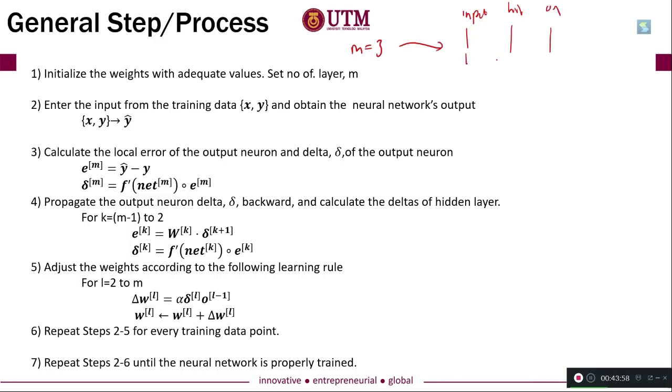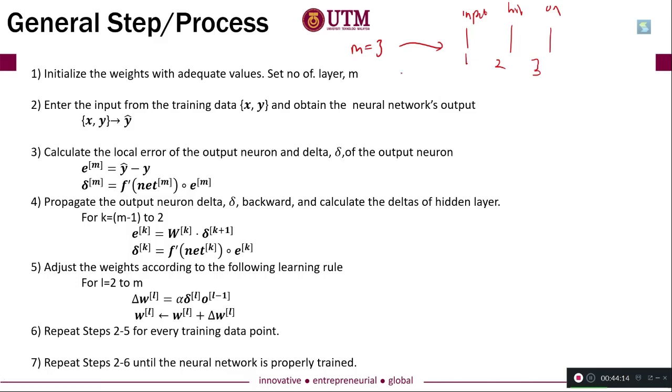So that's why 1, 2, 3. You can see that this algorithm is already generalized, meaning that it doesn't matter how many layers, you can still use the same algorithm, the same code there.